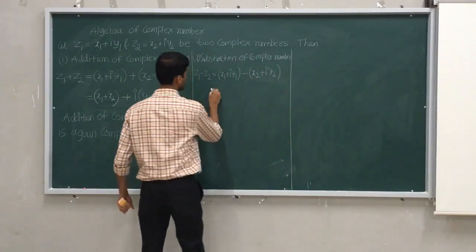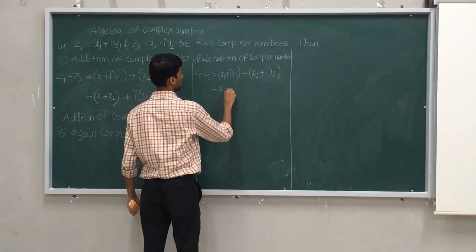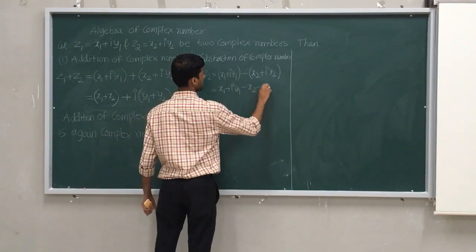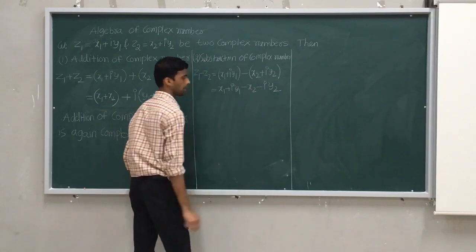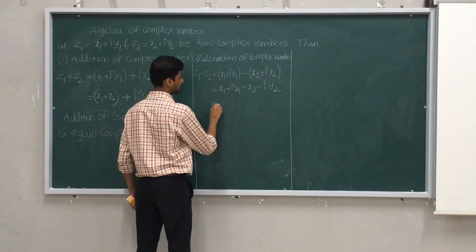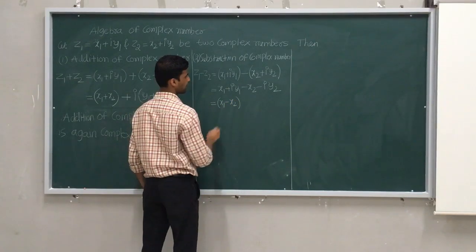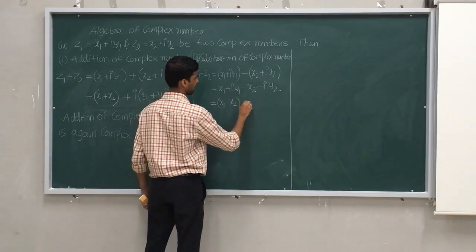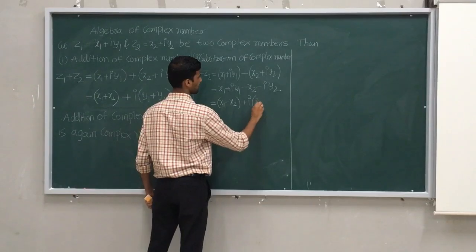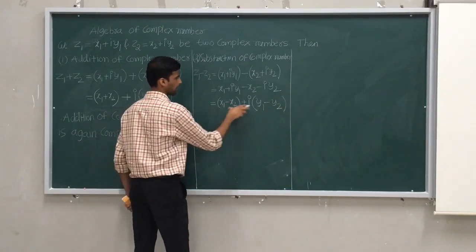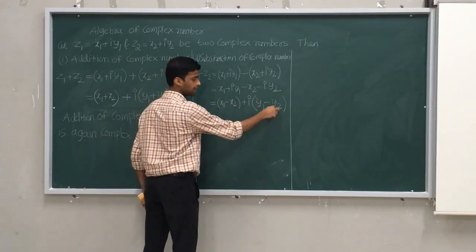Now what do we do? I'll take one more step to avoid confusion: minus x2 minus iy2. Again same thing, I'll bring real with real. That is x1 minus x2. If you observe, it is a plus sign, it is a minus sign. I will take plus only. So you are left with y1 minus y2. Again it looks like a complex number only, a plus ib.